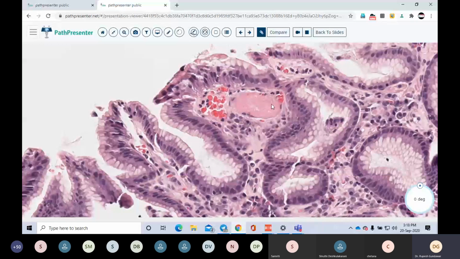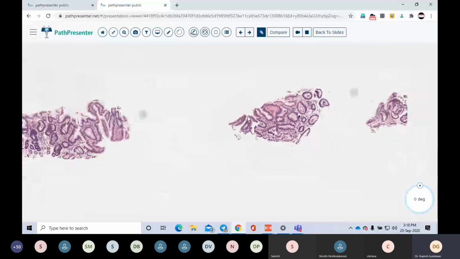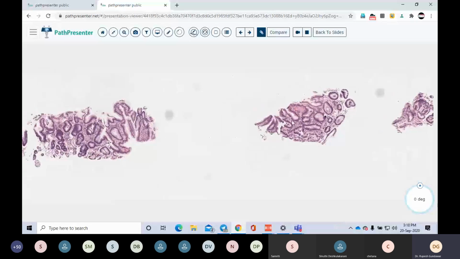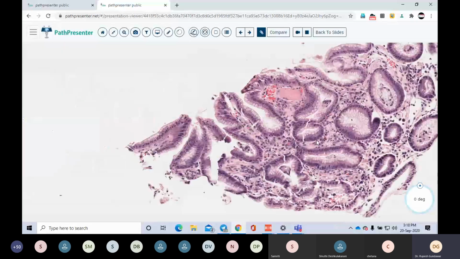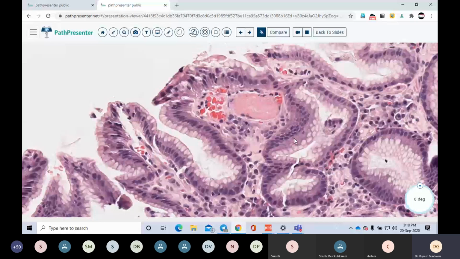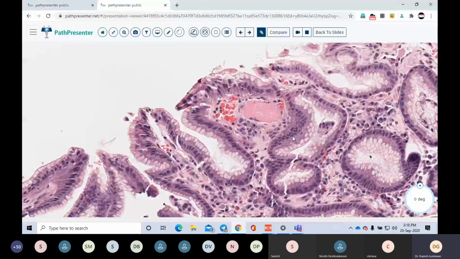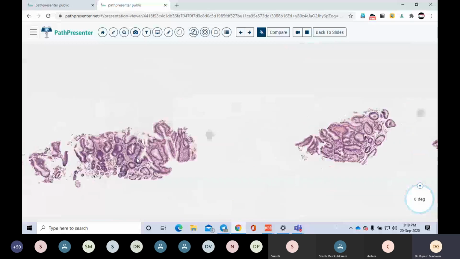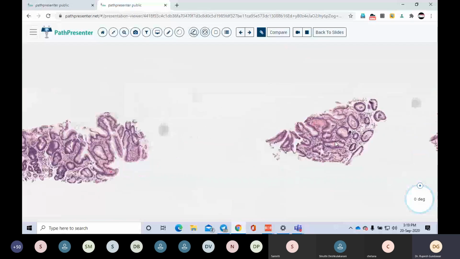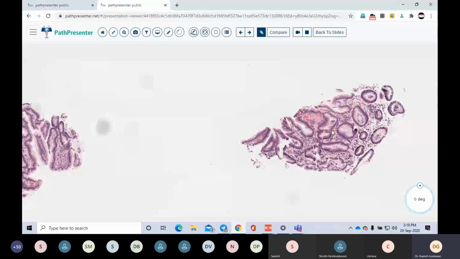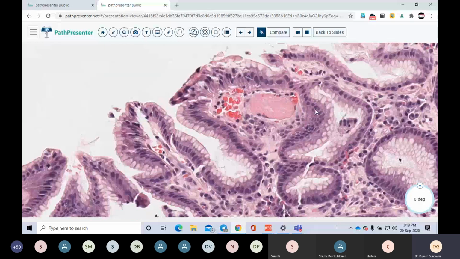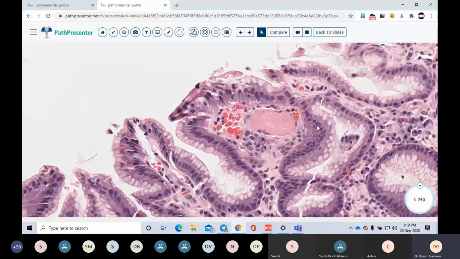Actually, this was not so easy a case. But if you can pick up such a thrombus in your biopsy, think of some vascular pathology. This was a case of GAVE, that is gastric antral vascular ectasia. This case was selected only to look at the characteristic finding. Now you know this, you may not miss it next time when you get this case.